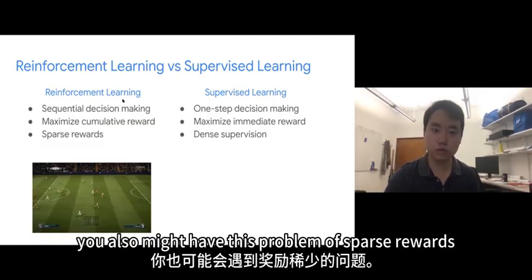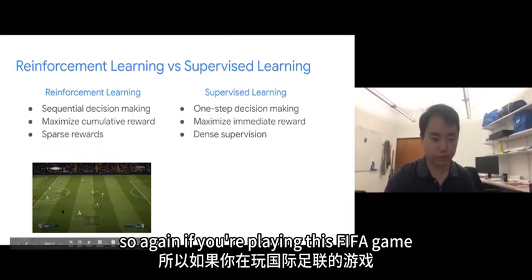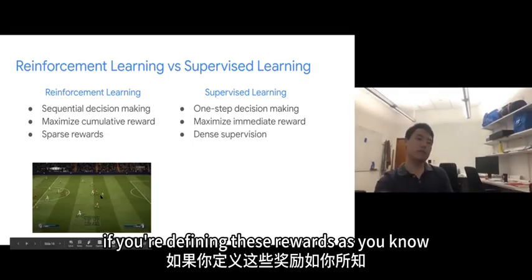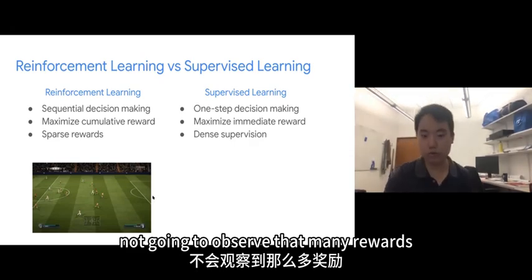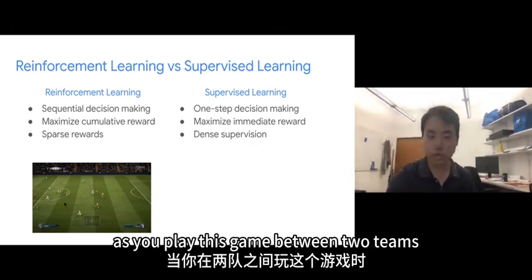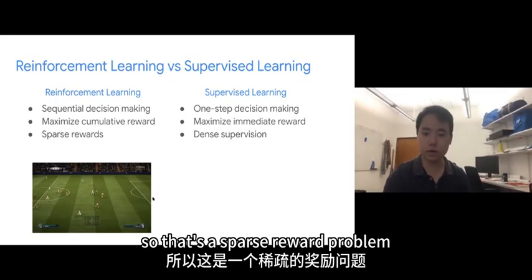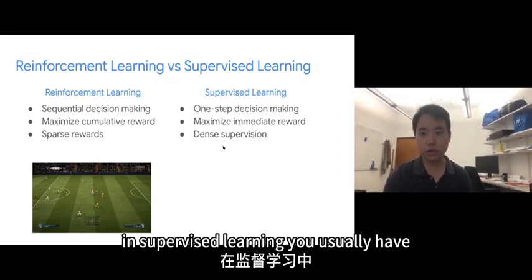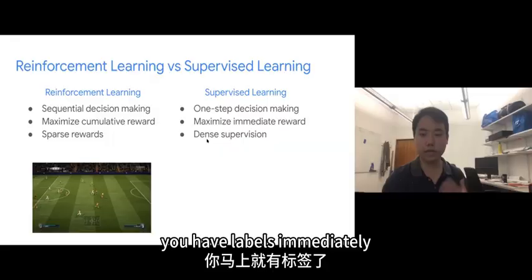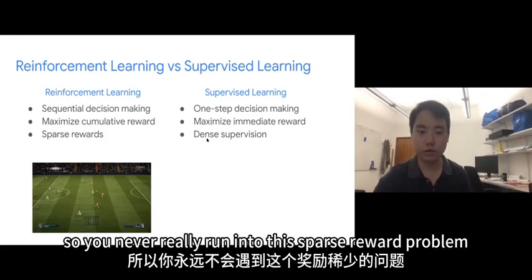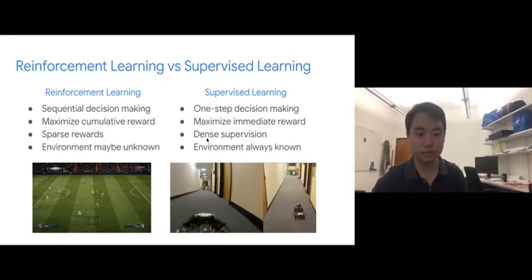In RL, you also might have this problem of sparse rewards. So again, if you're playing this FIFA game, and you're defining these rewards as having scored a goal, you're not going to observe that many rewards as you play this game between two teams. So that's a sparse reward problem. In supervised learning, you usually have very dense supervision. You have labels immediately, so you never really run into this sparse reward problem.